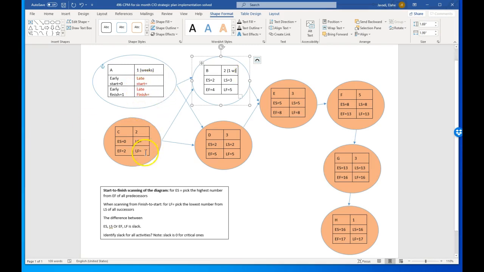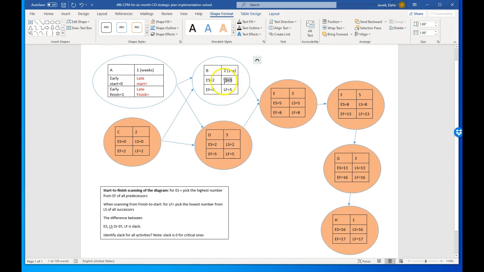And for this one, for C, late finish would be the latest start of this one too. Minus 2, 0. For this one, look at the late finish of this one. It's the latest start of these two, but we take the smaller number, the earliest it should start. So the latest this one can start is 2.